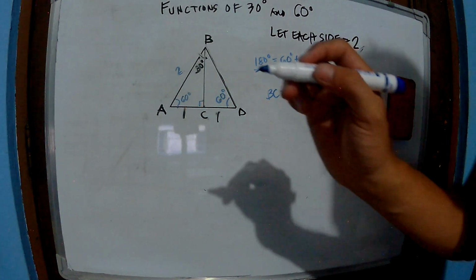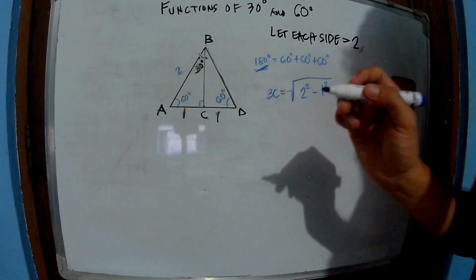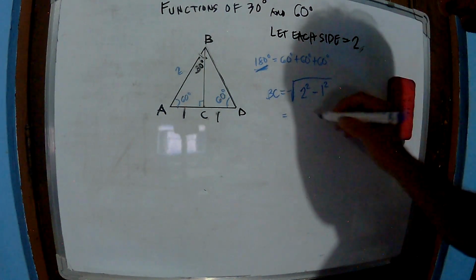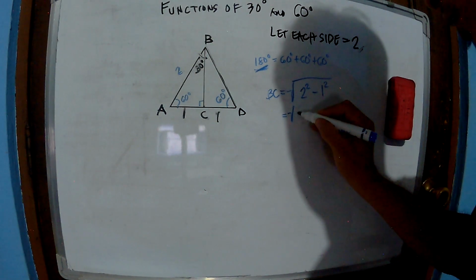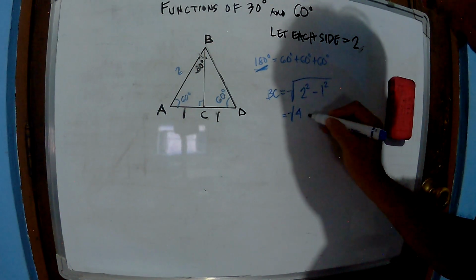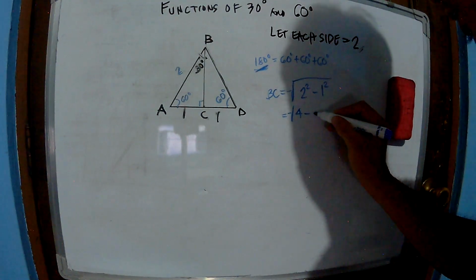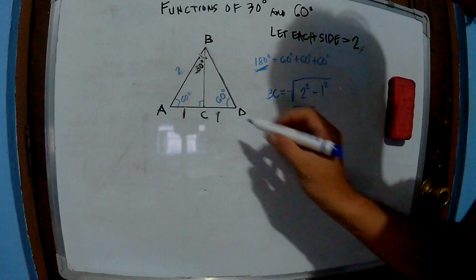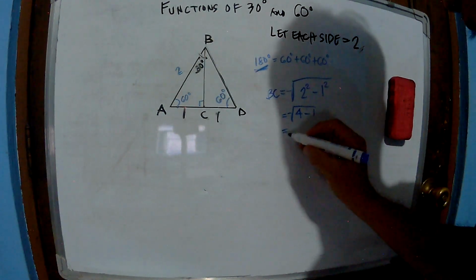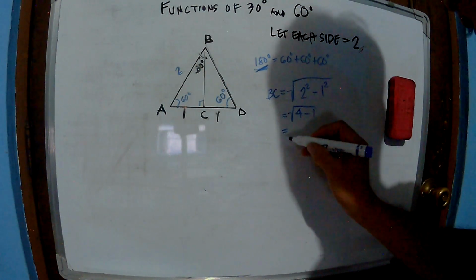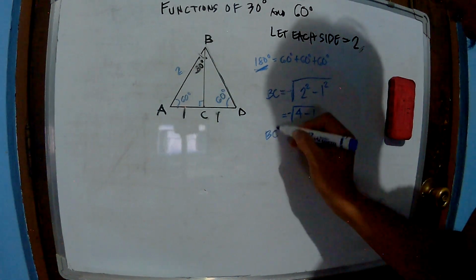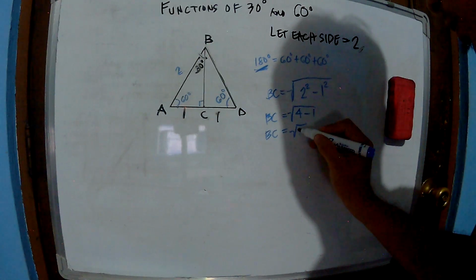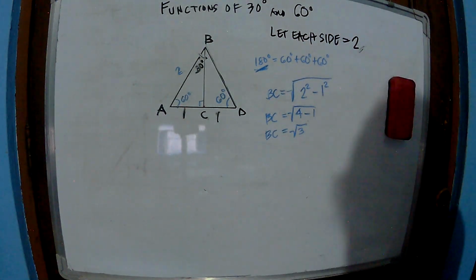So that will be the square of 2 is 4 minus the square of 1 is 1. Therefore, the length of this side BC is equal to square root of 3.